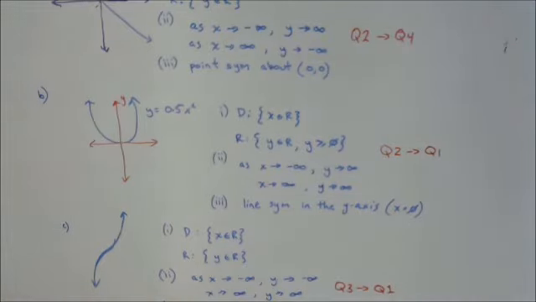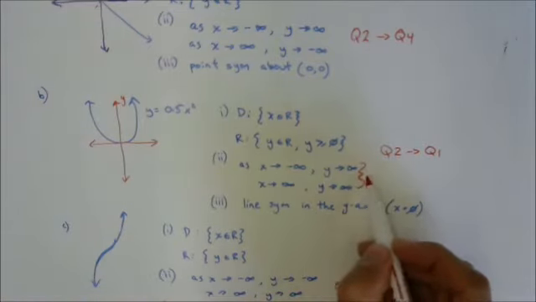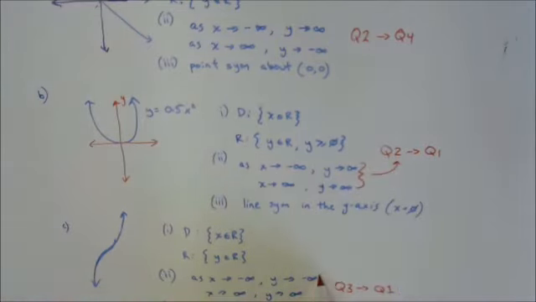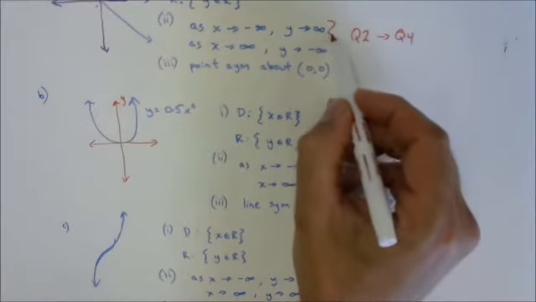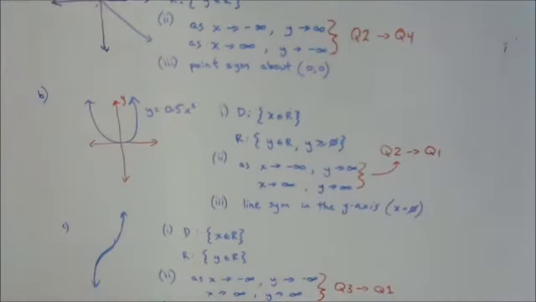So we would say it extends from quadrant 3 to quadrant 1. It's another way to note end behavior. For the majority of your work, both will be acceptable.